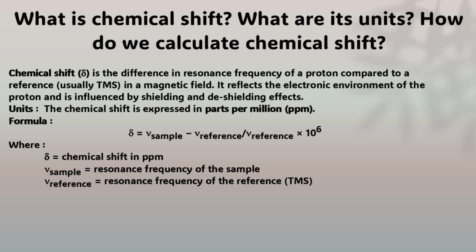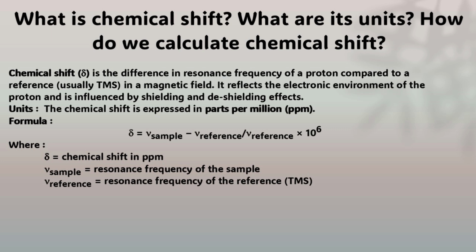It reflects the electronic environment of the proton and is influenced by shielding and deshielding effects. Units: the chemical shift is expressed in parts per million, ppm. Formula: delta is equal to (nu sample minus nu reference) divided by nu reference, multiplied by 10 raised to the power 6.